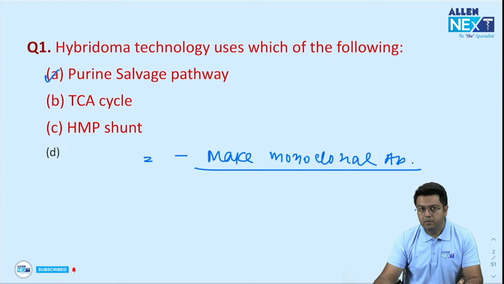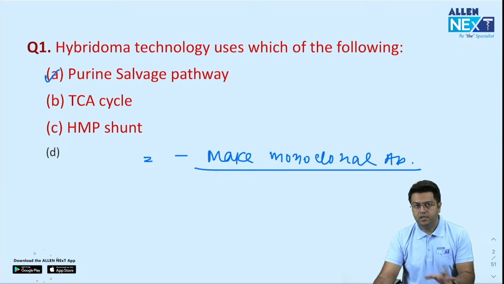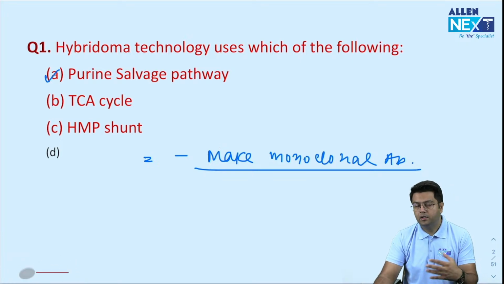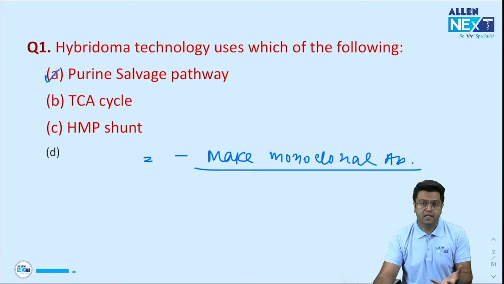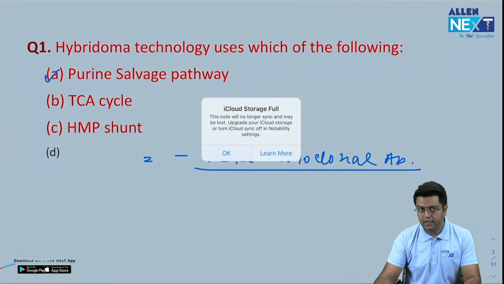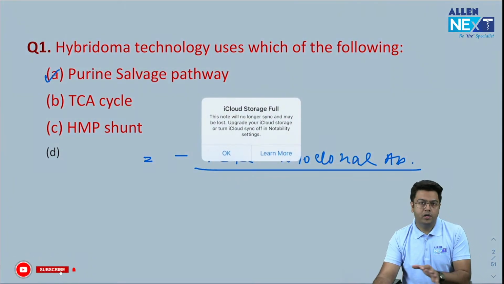Now monoclonal antibody is very specific to a particular antigen. So let's suppose that you took an antigen and injected it into mice. Now the B cells or the plasma cells of the mice will be producing the antibody which is specific to that particular antigen. Now what we get is a monoclonal antibody.